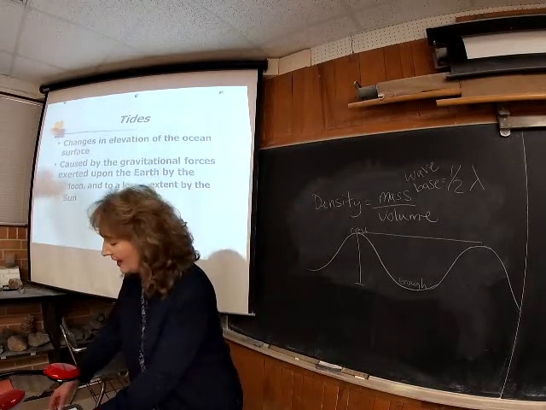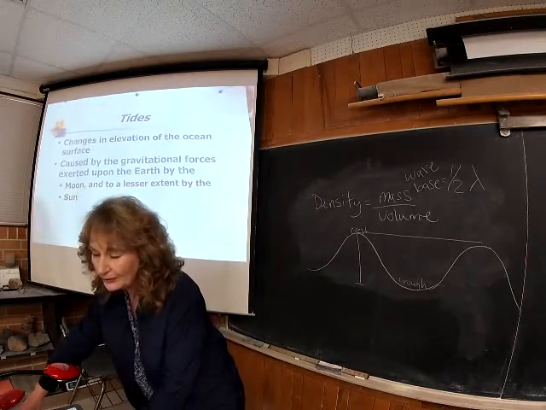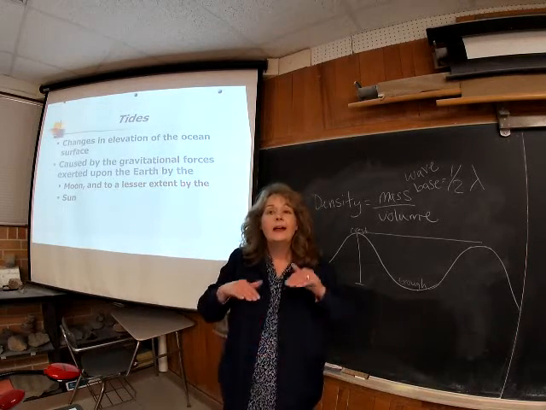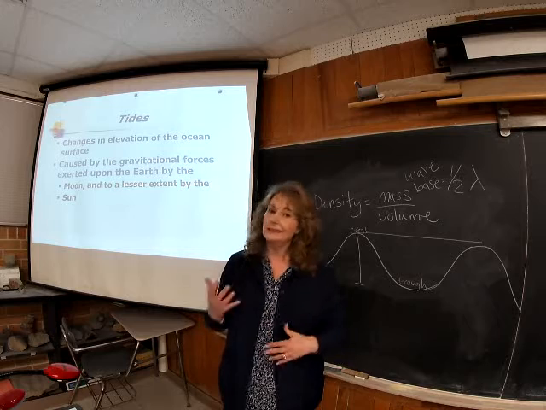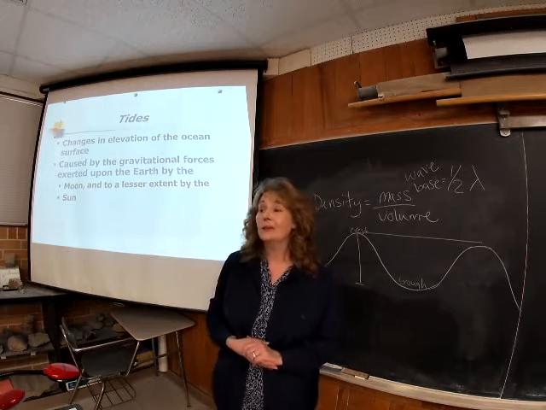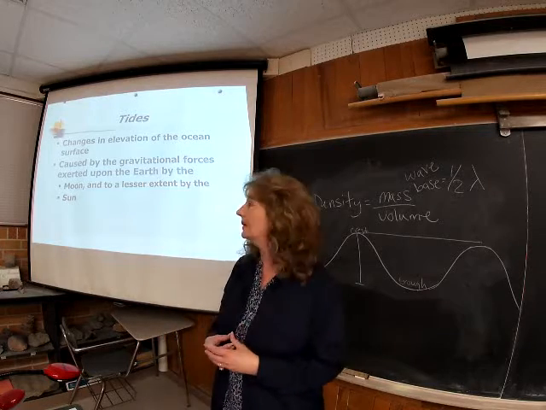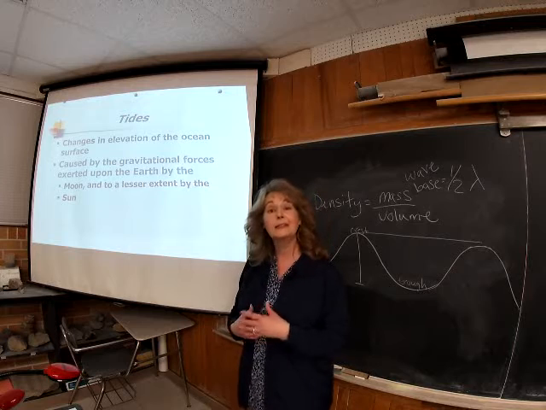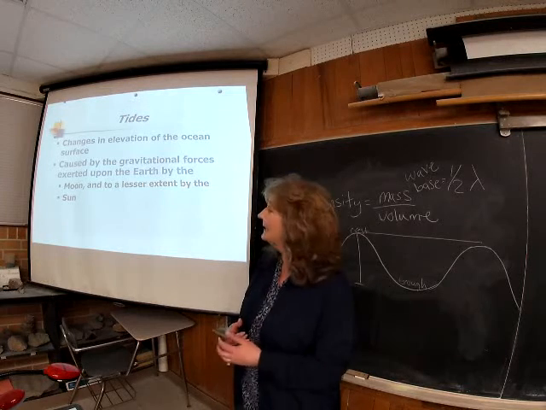Now tides are going to be motion of the water, the ocean water, the elevation of it. And this is a daily cycle, the tides are. There are astronomical forces happening that create the daily tide cycle.